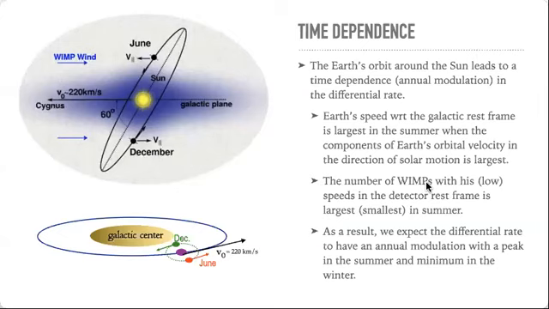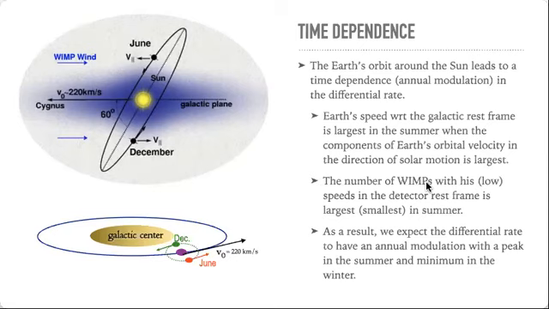Essentially, the Earth orbits around the sun. It gives what we call an annual modulation. It's a sinusoidal dependence. The Earth speed with respect to the galactic rest frame is largest in the summer, in June, when we're parallel and going in the direction of the WIMP wind.